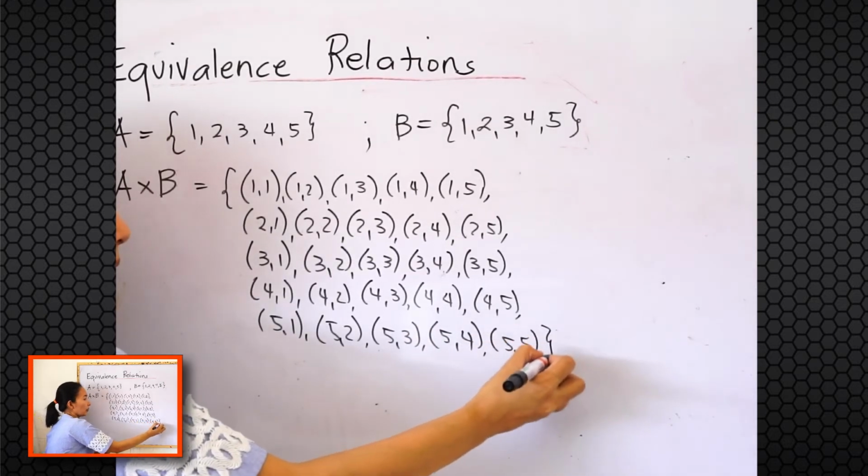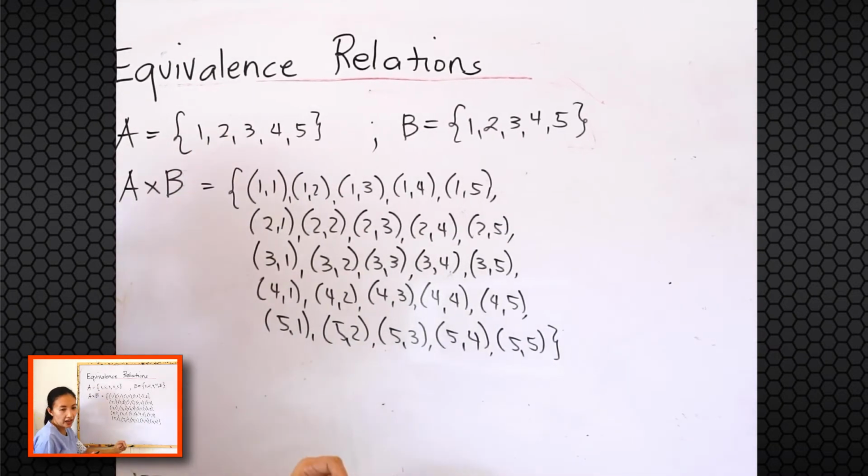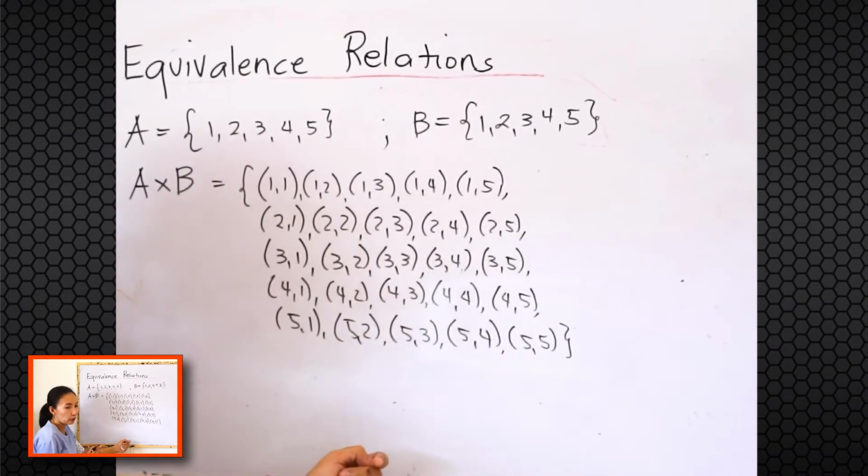So all in all, how many elements are there for A cross B? There are 25. 5 times 5 is 25.